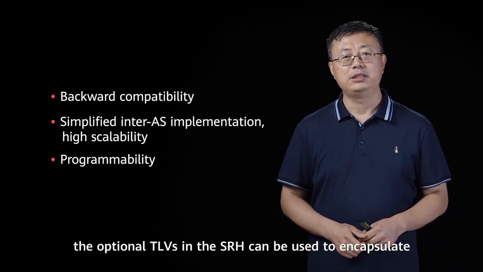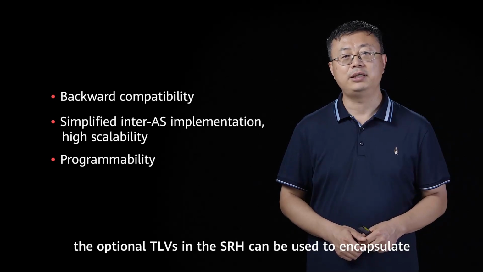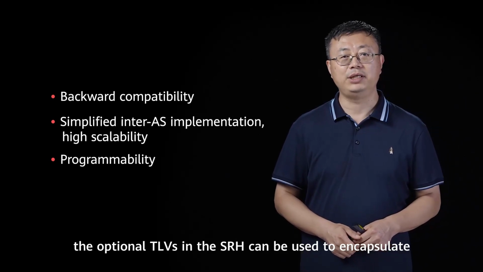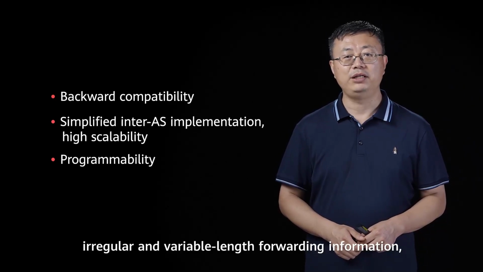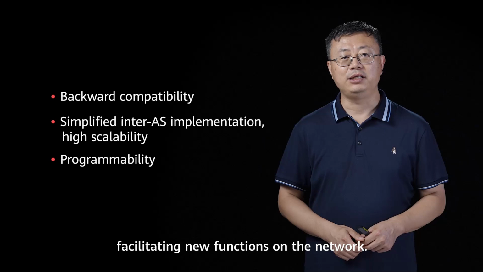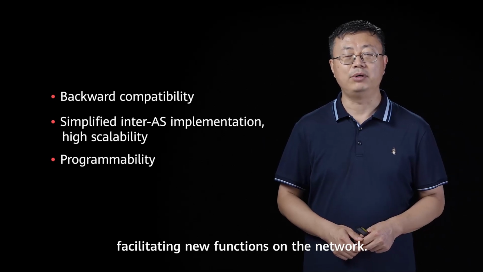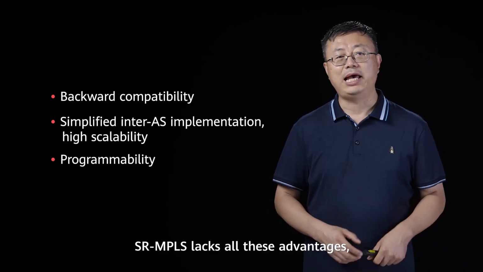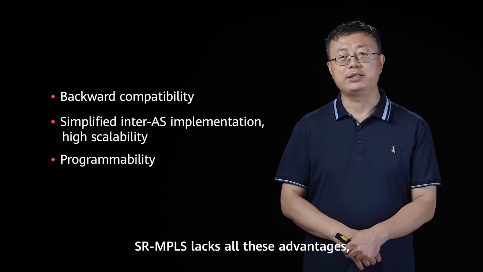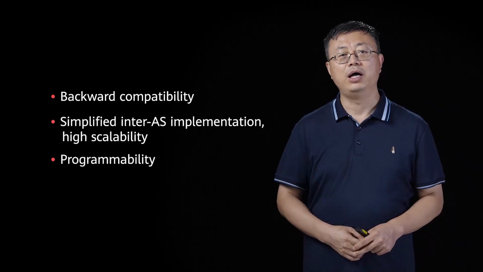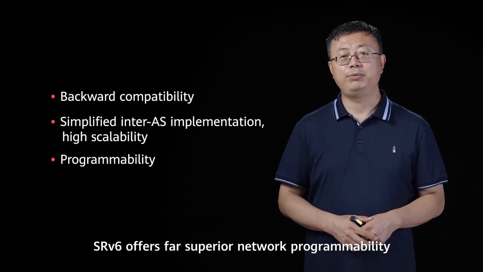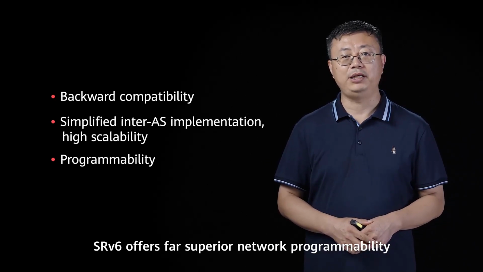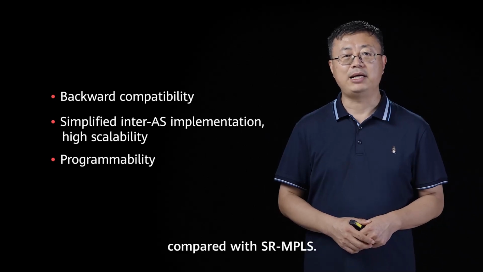And third, the optional TLVs in the SRH can be used to encapsulate irregular and variable length forwarding information, facilitating new functions on the network. SR-MPLS lacks all these advantages, particularly the last two. As such, SRv6 offers far superior network programmability compared with SR-MPLS.